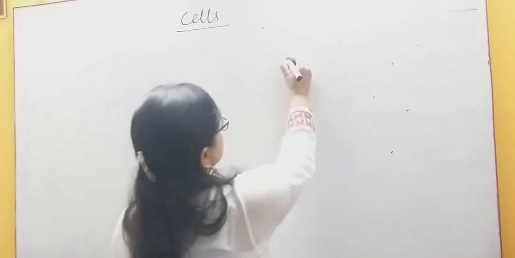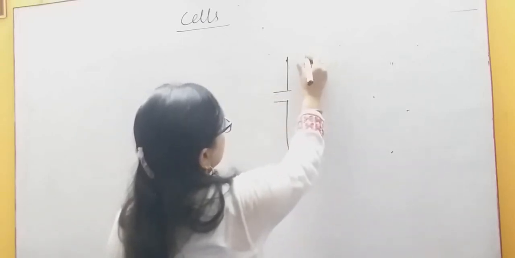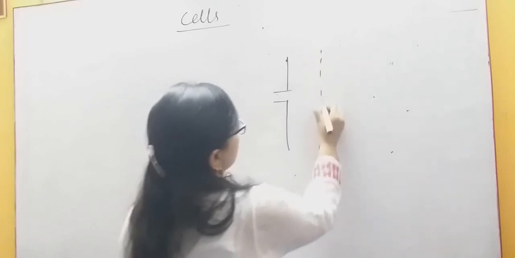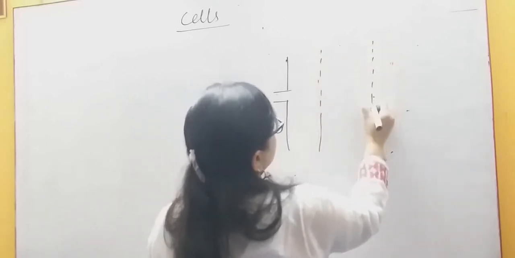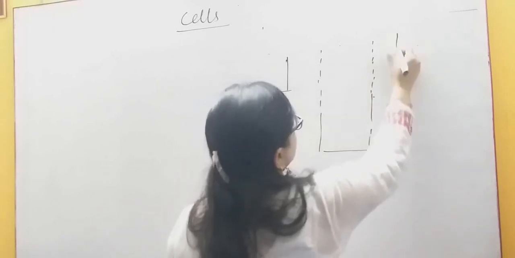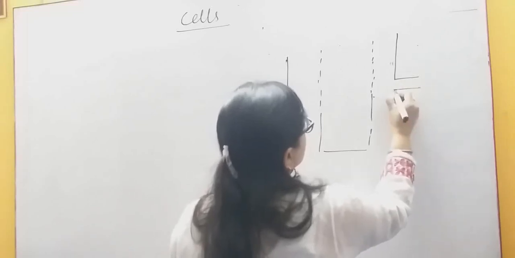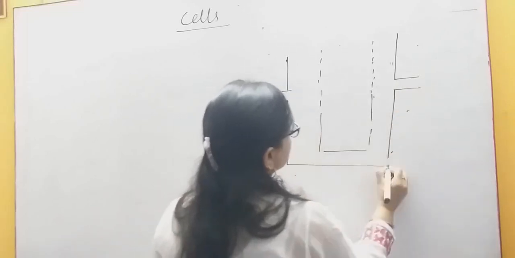So the basic concept is this cell has two parts. One part is cathode, another part is anode, and these are separated by any alkaline solution. So I am making here a porous membrane to form alkaline solution, and we have two parts of this cell.